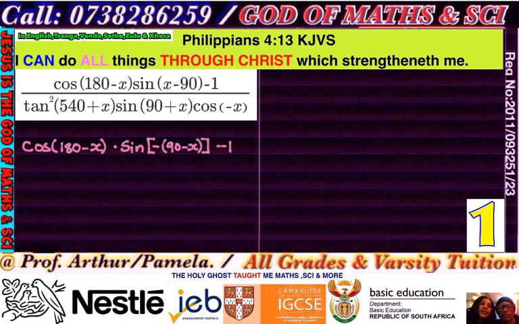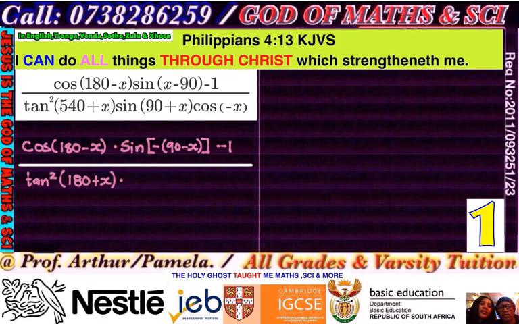And then let's go and divide. And then all over, you've got tangent squared. Open the parenthesis. Now 540 minus 360, you've got 180, I believe. And then that will be plus the x, close the parenthesis.